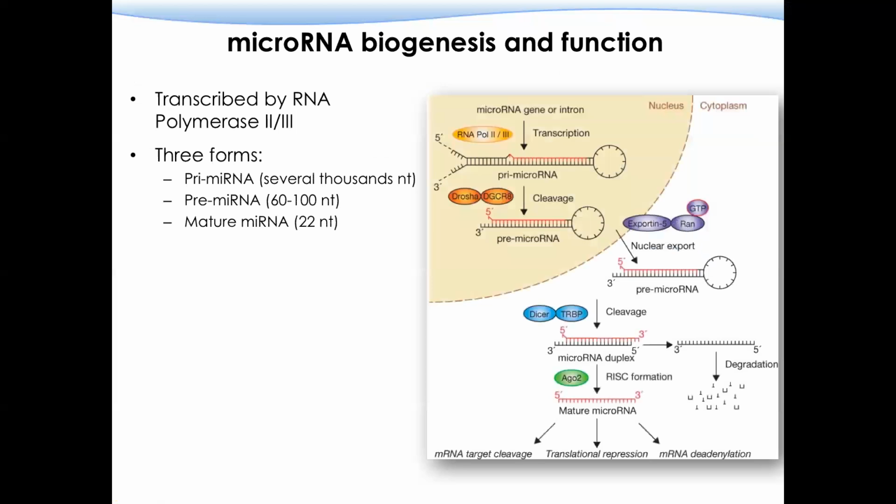For microRNA, you need to keep in mind three parts of the generation process. They have three forms. The primary microRNA is a really long RNA that forms a hairpin structure. It is transcribed by RNA polymerase 2 or 3.